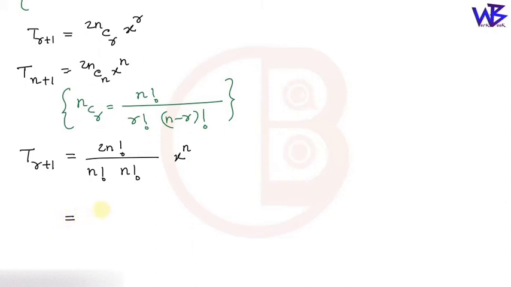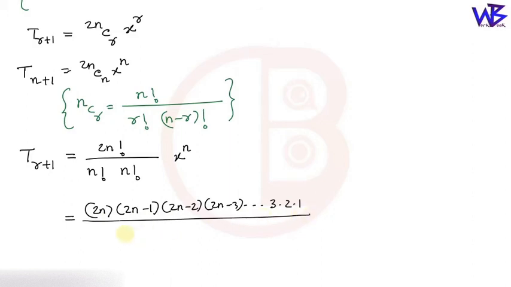Now I can expand (2n)! as 2n × (2n − 1) × (2n − 2) × (2n − 3) ... 3 × 2 × 1, divided by n! × n!, whole multiplied by x^n.